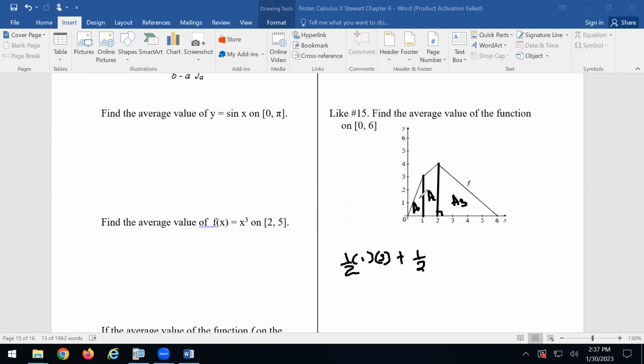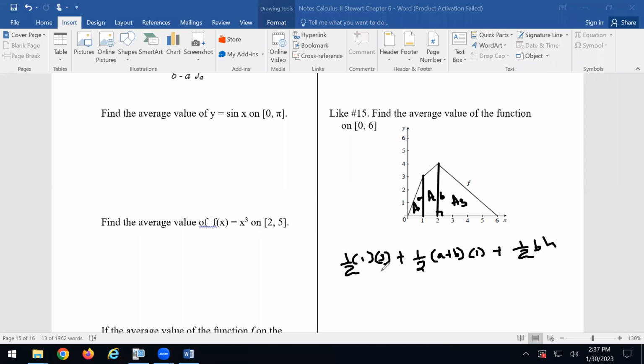So it would be half A plus B, and then times the height, which is 1. So what is our A and our B? I will come back to that. And then figure 3 would just be a triangle, half base times height.